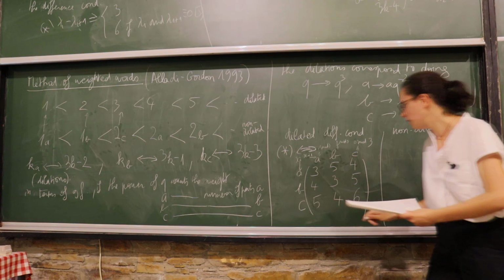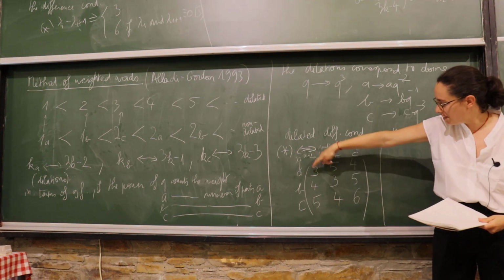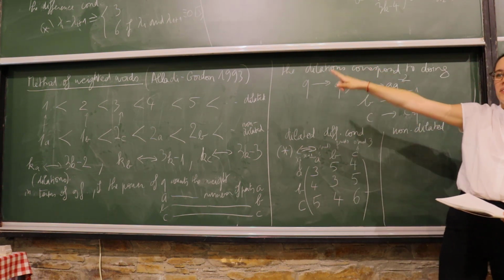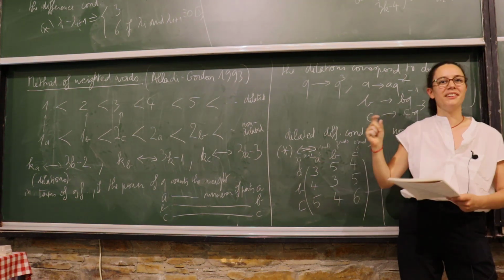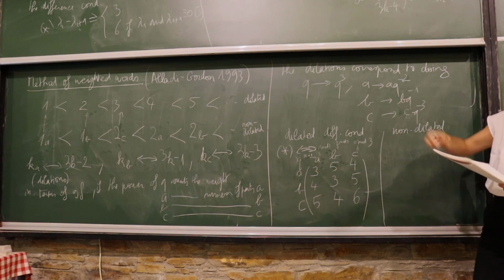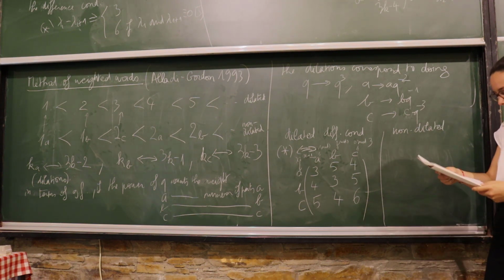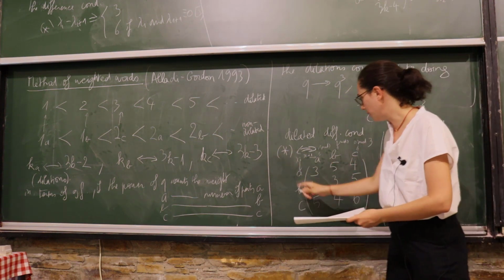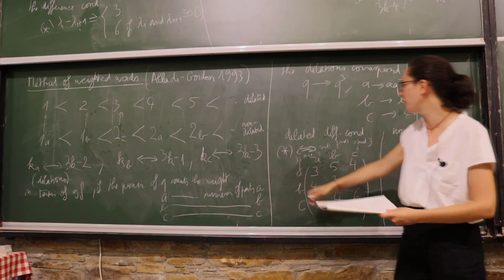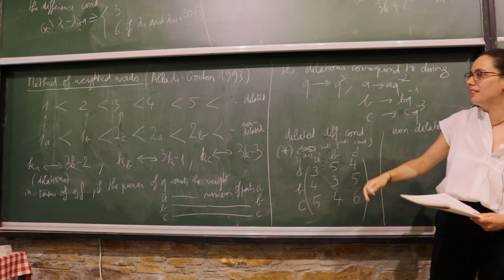And so on the diagonal, actually, you probably recognize a bit more what looks like star, because it's always things that have the same congruence class modulo 3, so that makes sense. And so this is, let's say, the matrix of dilated difference conditions.